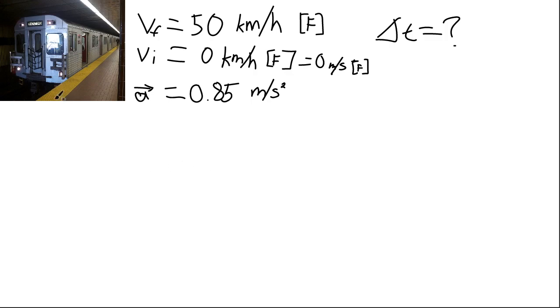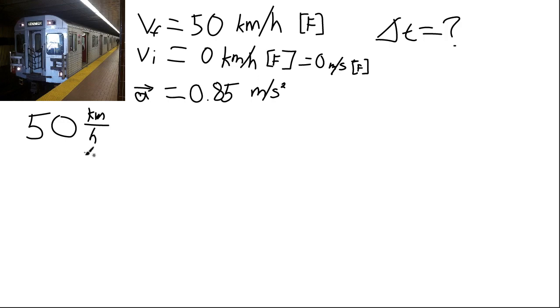Since it'll be handy for kinematic problems on the test, because you'll be frequently converting from kilometers per hour to meters per second, if you remember this it will be a handy little shortcut.